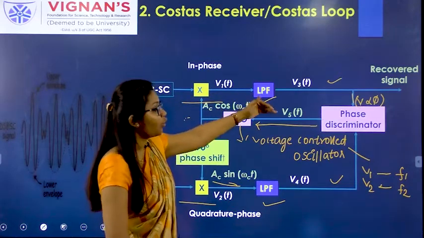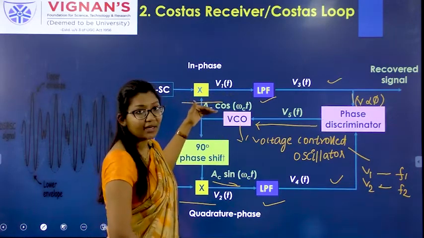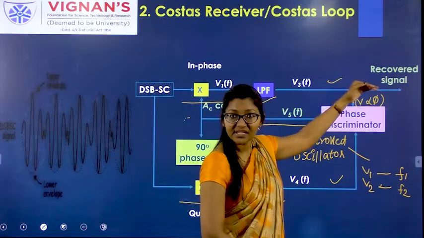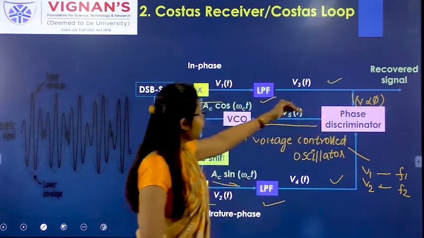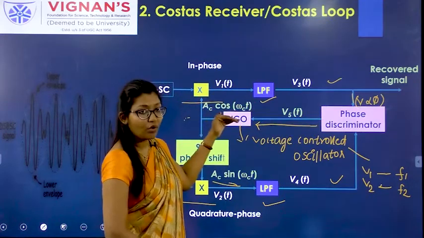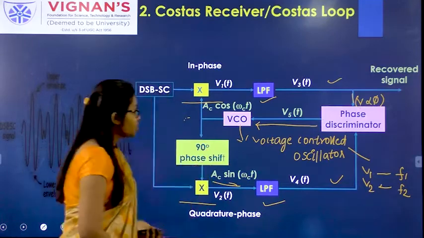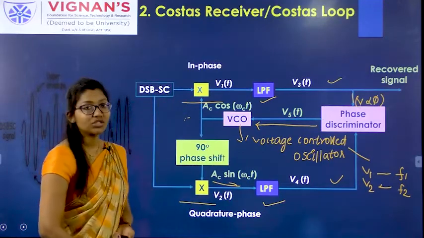So with respect to voltage it will generate carrier frequency, whereas the phase discriminator, with respect to phase, will generate voltage. That voltage is the input to the VCO and from the VCO it will generate frequency. So this is the block diagram of the Costas loop.